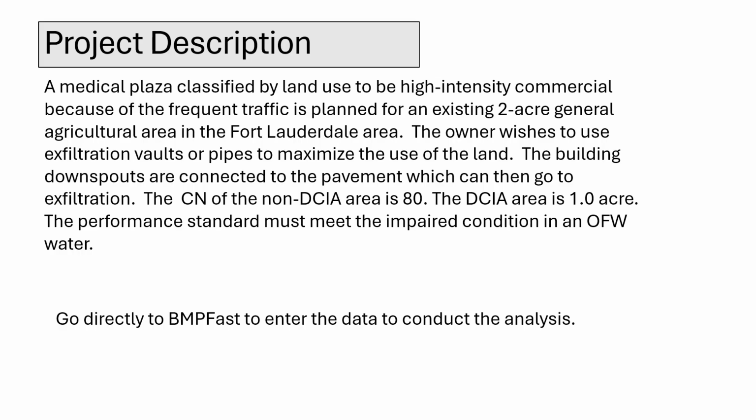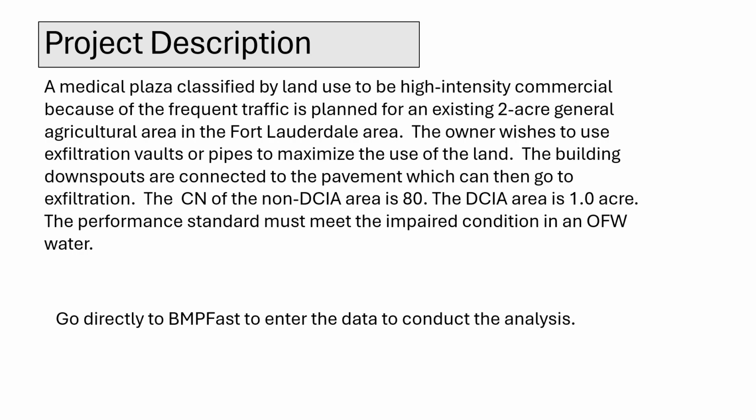Because the owner wants to maximize the usable land area, the preferred stormwater management approach is exfiltration vaults or pipes, which are underground systems that allow water to percolate into the surrounding soil. The building downspouts are connected directly to the pavement, and that runoff then flows into the exfiltration system.